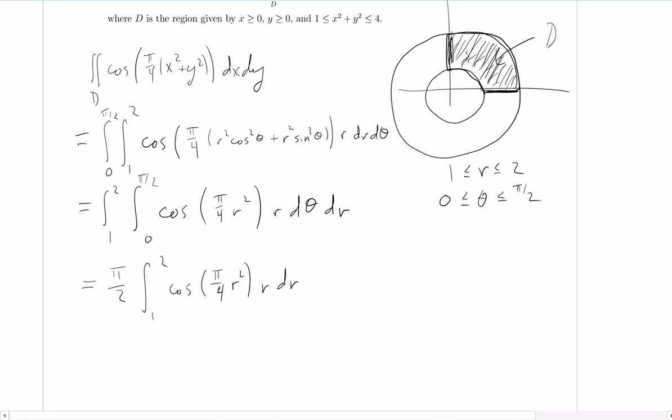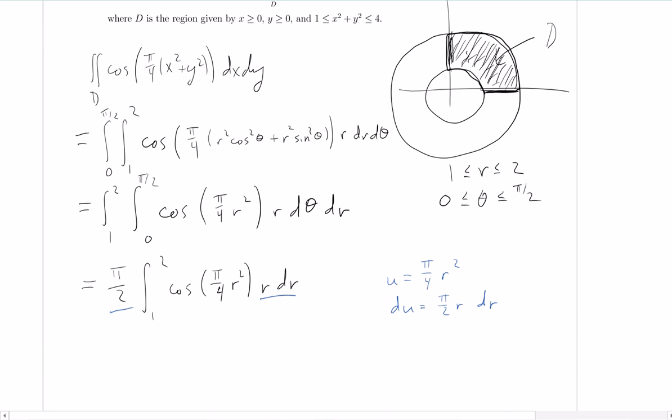Now, let's maybe do a u-substitution here. u is pi over 4 r squared. Then du is pi over 2 r dr. And we have r dr times pi over 2.